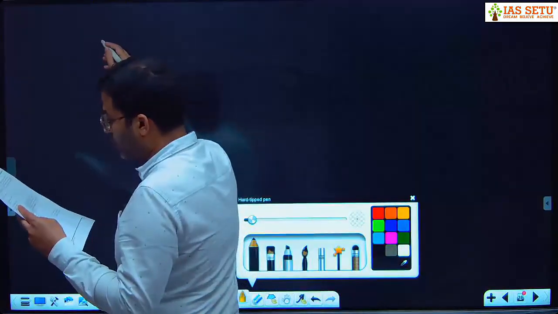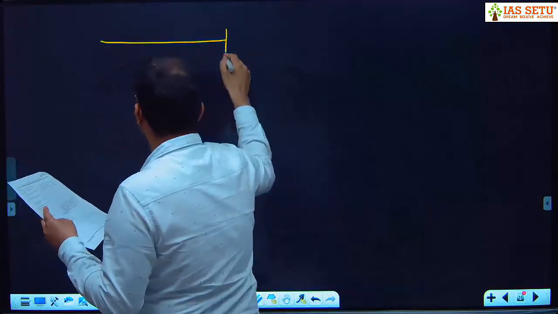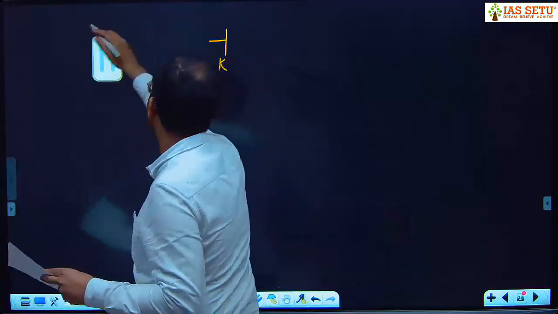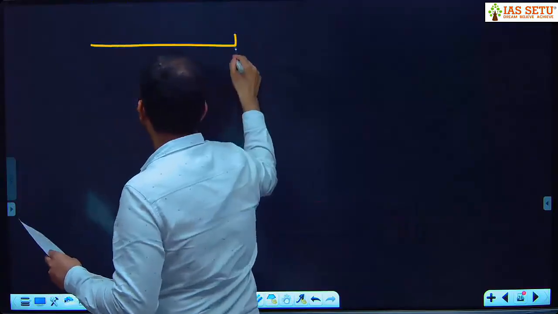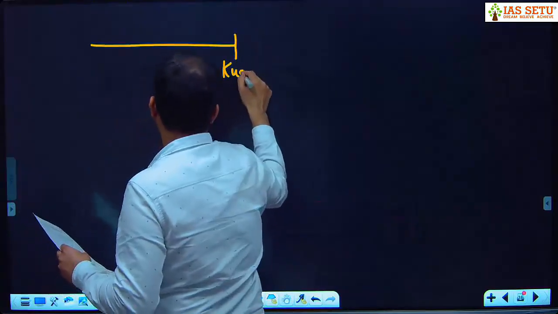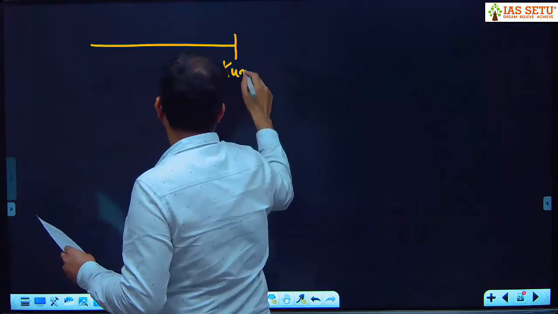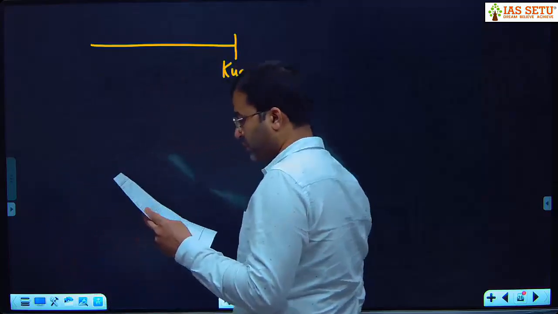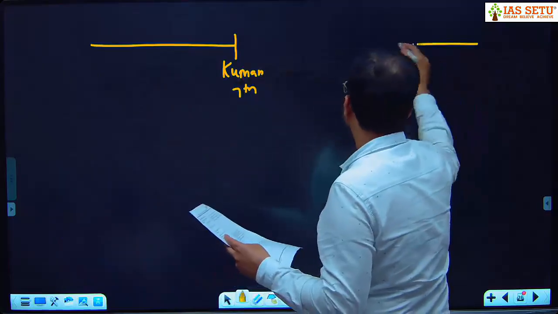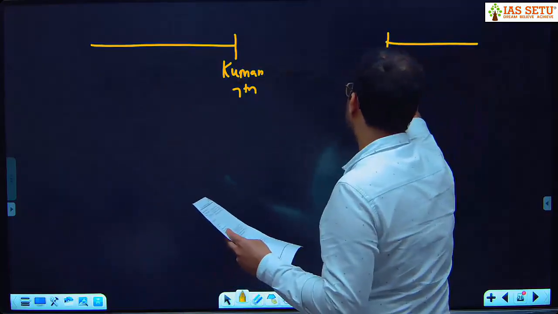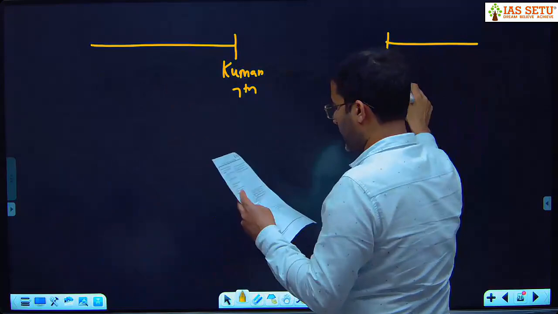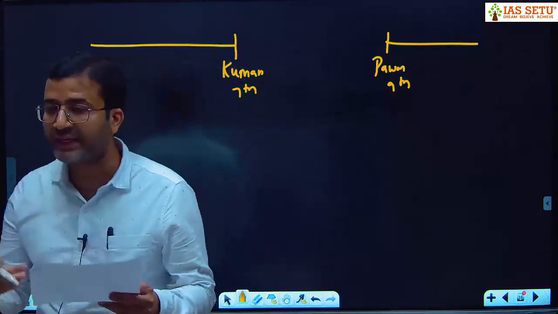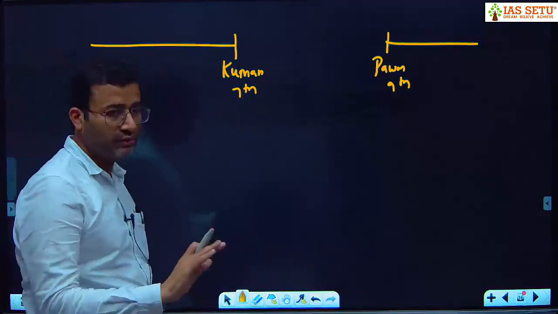In a row, Kumar is 7th from the left. This is Kumar, who is 7th from the left. Here is Pawan, who is 9th from the right. When they interchange their position, the total number of chairs will be the same.